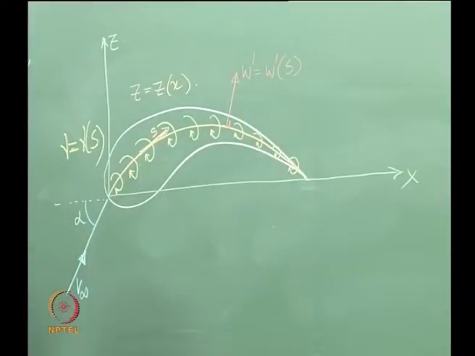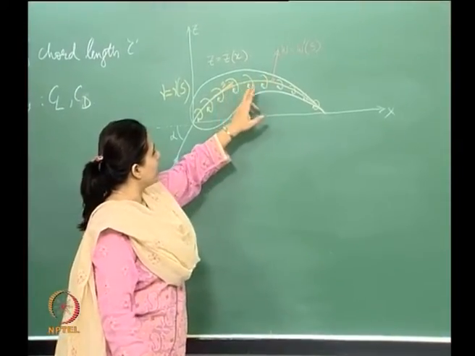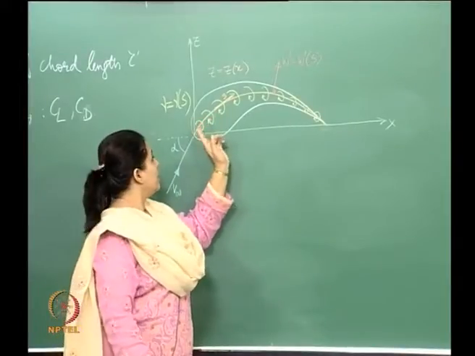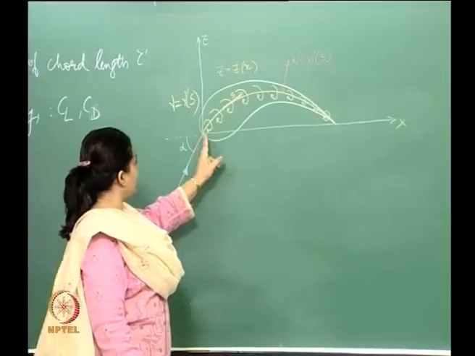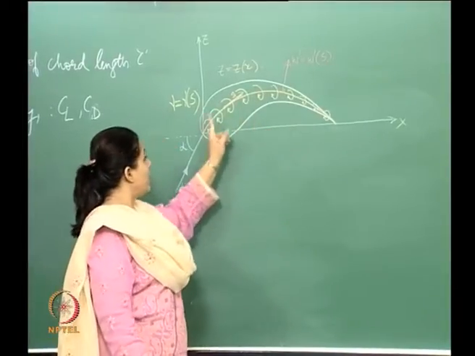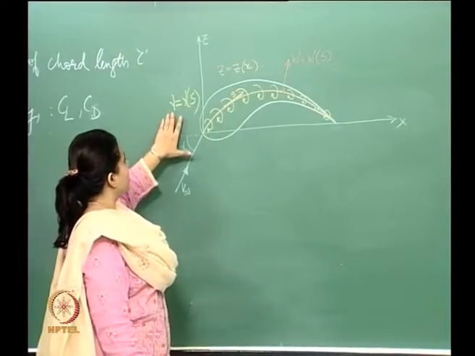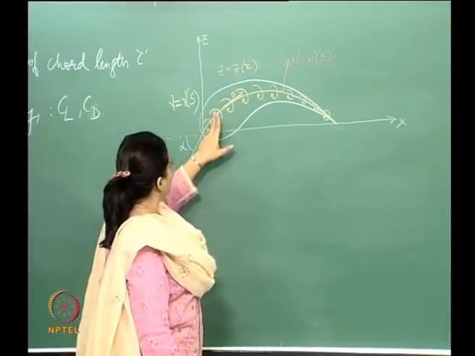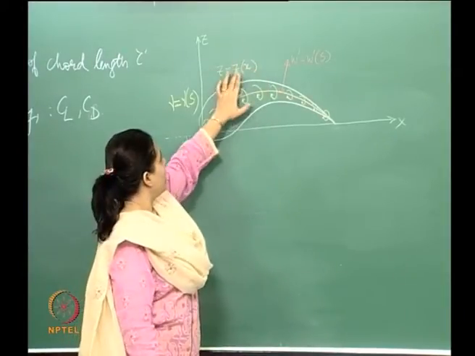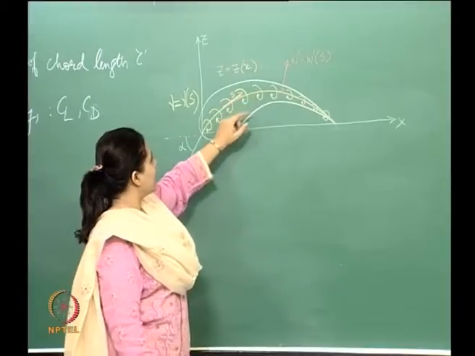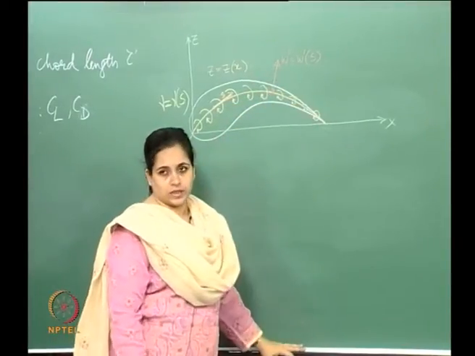The reason I show that is that this normal component is with respect to the curve S. On this curve we have the vortex distribution, with strength gamma. The curve itself you can write as z as a function of x, and the normal component of the velocity induced is this.